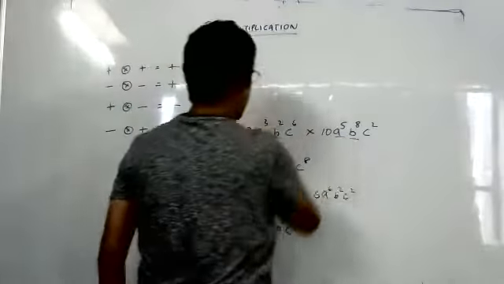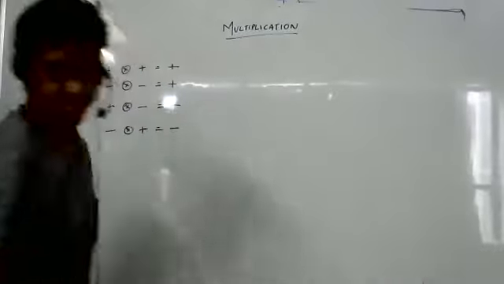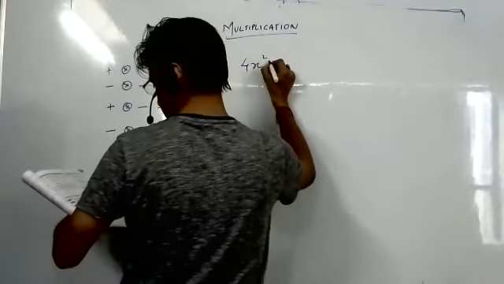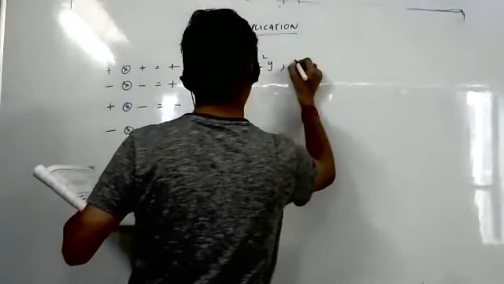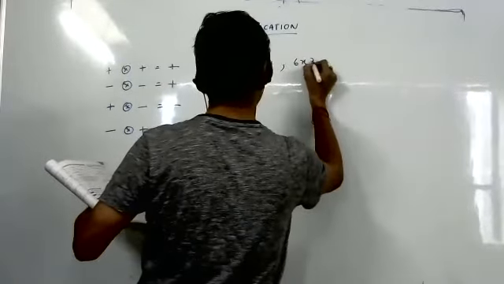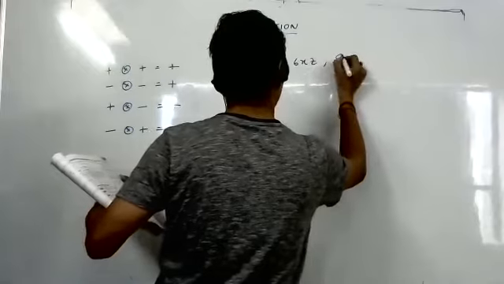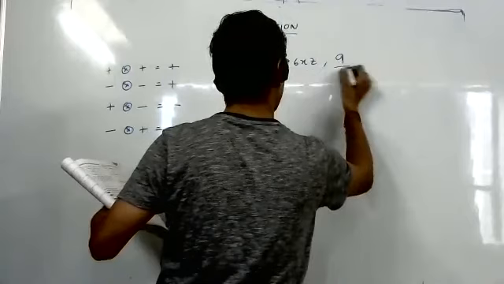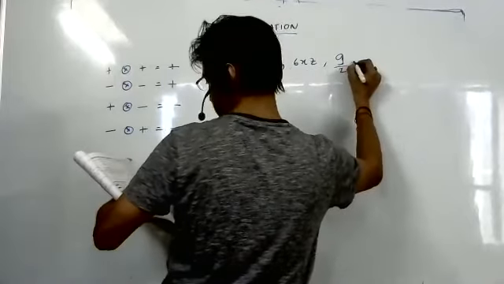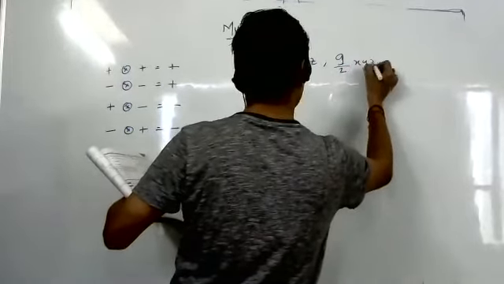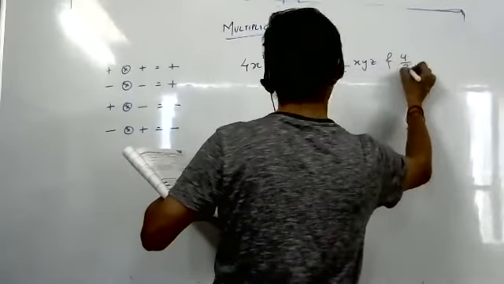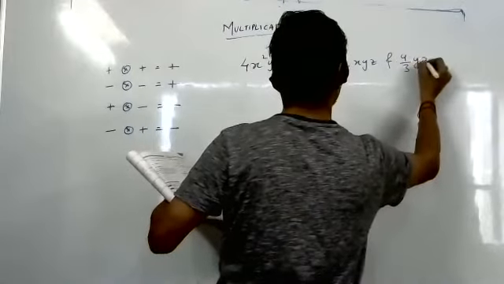Okay. Now one question I'm giving you. Please do it by yourself. 4x square y, 6xz, 9/2 xyz and 4/3 yz square.